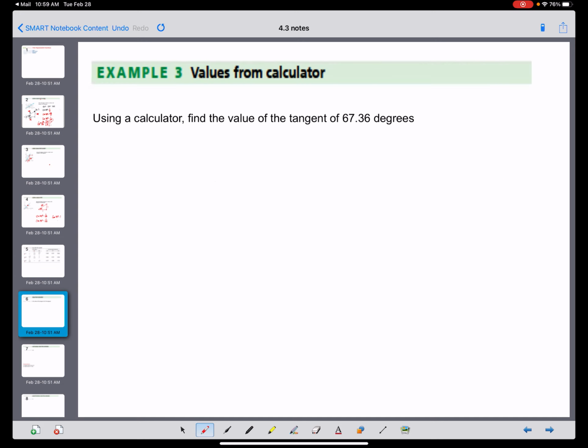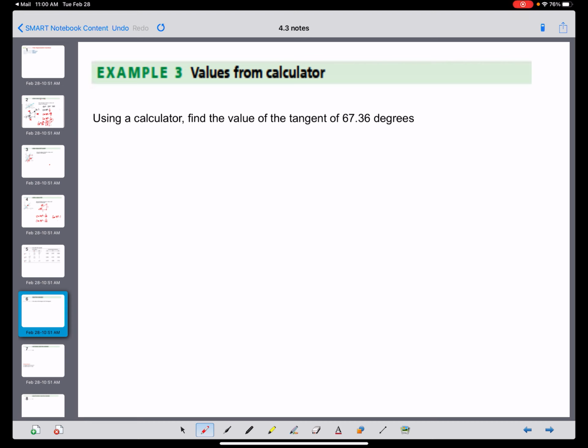Using a calculator, find the tangent value of 67.36 degrees. All right, so in your calculator, it's a pretty straightforward process. If you have your calculator with you, go ahead and pick it up. Unfortunately, I'm not able to show you all this, but I'll just tell you it's pretty straightforward, right? The first thing you want to do is hit the mode button.